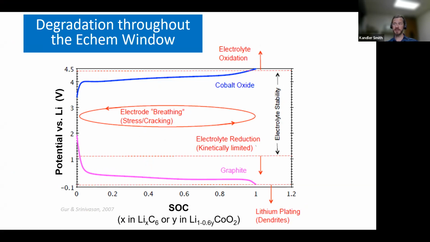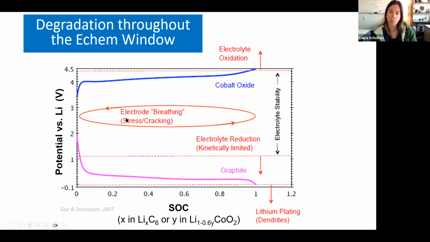Then once a month, something on that order, perhaps more frequently early in life, we'll run a reference performance test of full charge and discharge to see how the capacity has changed. There's both reversible and irreversible capacity losses, and sometimes we'll try to tease apart the differences between those two. But the irreversible ones are, of course, the ones that we're most concerned about.